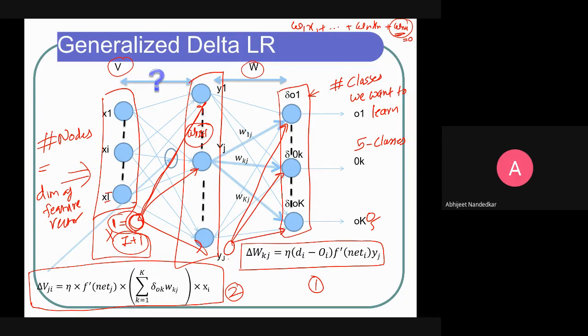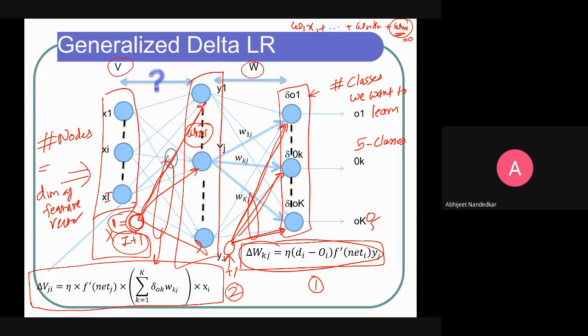It has a fixed input of plus 1, and the corresponding weights will be updated as per the rule. Say you are updating for this, then you will use this formula, and for this you will use this formula.